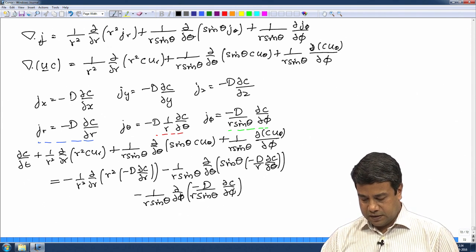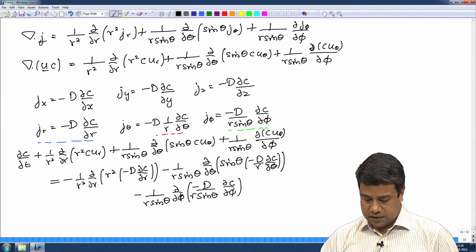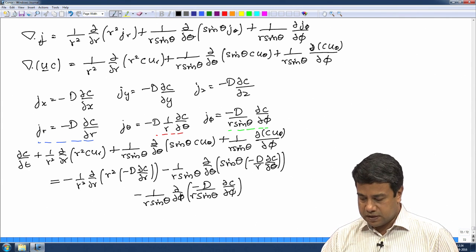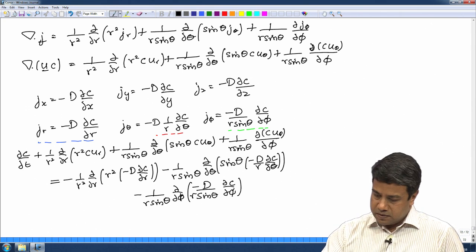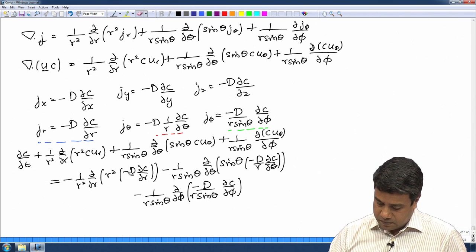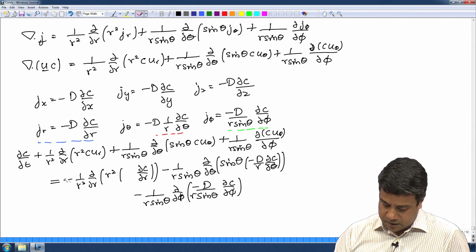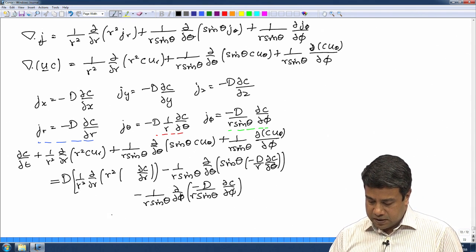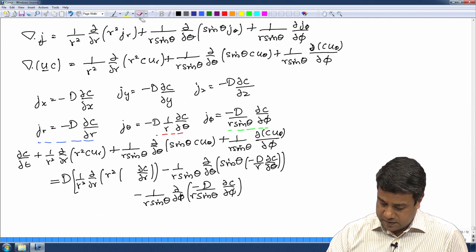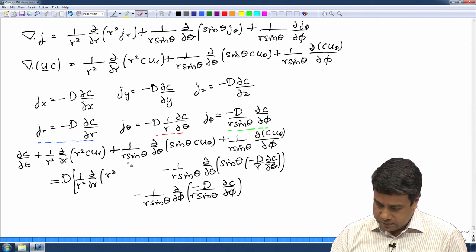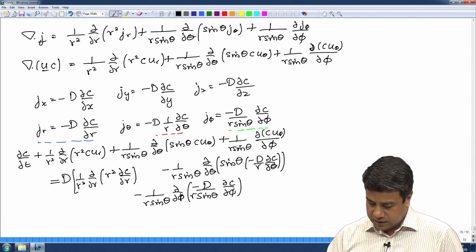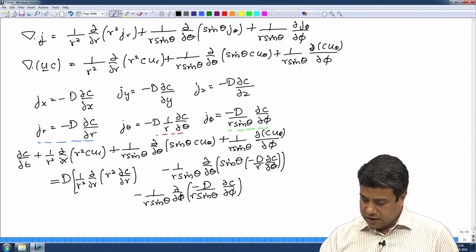You can simplify each of these terms. If you assume that the diffusion coefficient is independent of position, this first term just becomes equal to, I take the d out, the minus and minus cancels, and I will get d into 1 by r square d by dr of r square times dc by dr. Minus I have a d by r here.